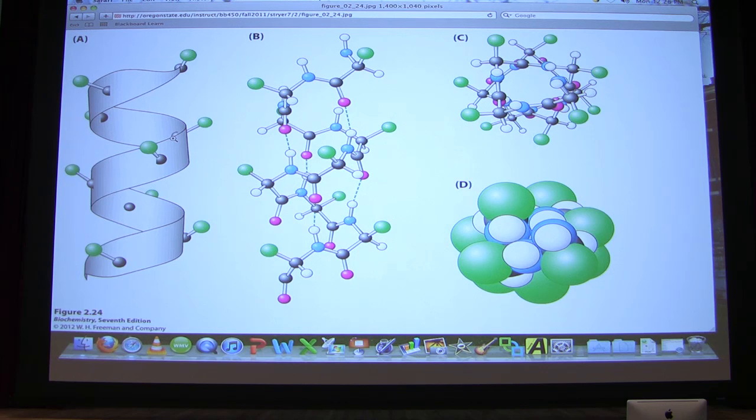A fibrous protein has primary structure, it has secondary structure, but that's primarily about all it has. And it goes on and on and on. Example, my hair. Hair has keratin that has a structure that just goes on and on and on. It's fairly boring as proteins go. We'll see some much more interesting proteins than that. But fibrous proteins have that characteristic.